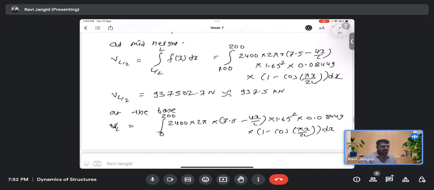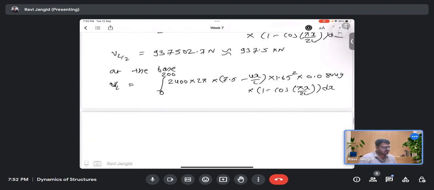So if you do that, you will get V at the base, sorry, 1150701 Newton or 1150 kilonewton. So this is your shear force.